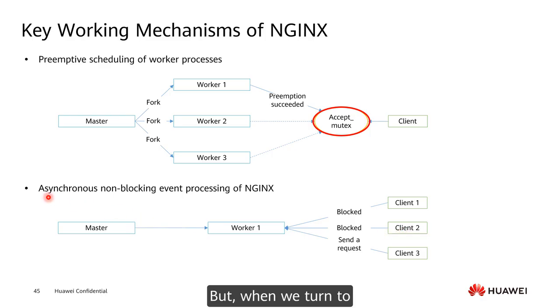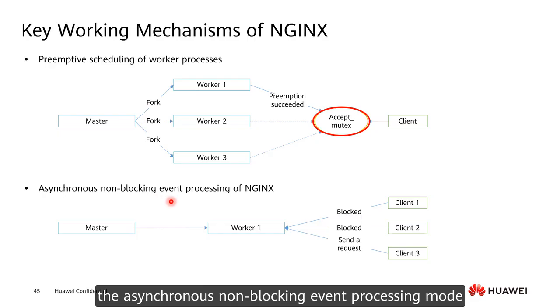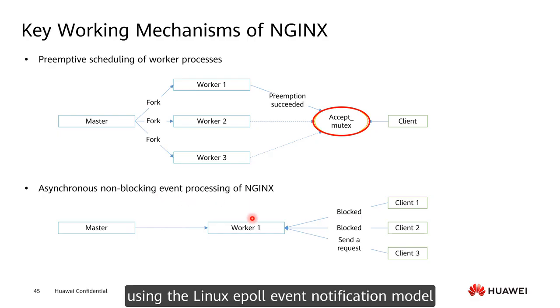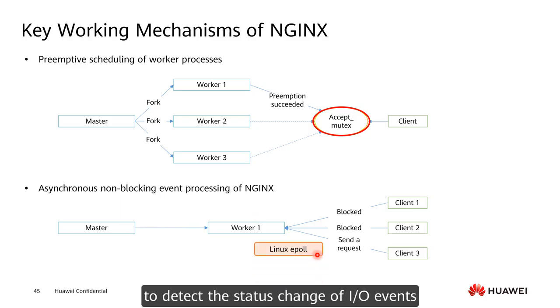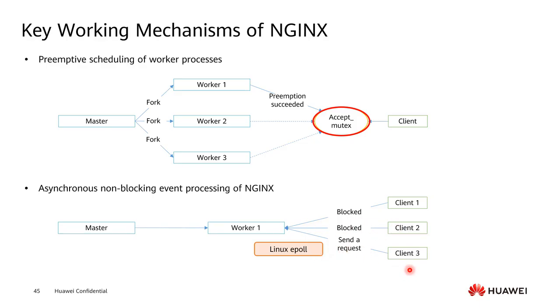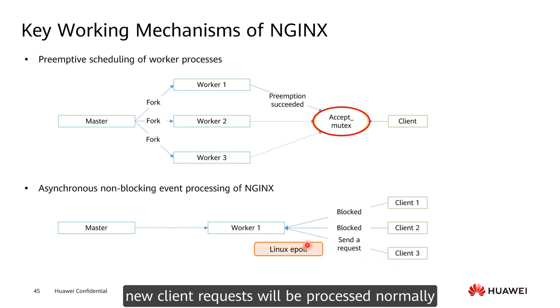But in the asynchronous non-blocking event processing mode, using the Linux epoll event notification model to detect the status change of I/O events, even if a worker is blocked, new client requests will be processed normally.